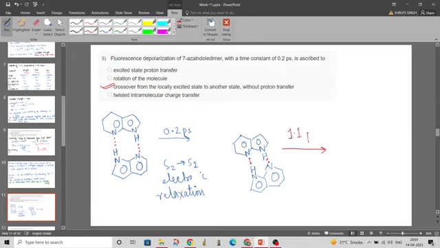which is the 1.1 picosecond component. And the proton transfer is concerted, not stepwise.